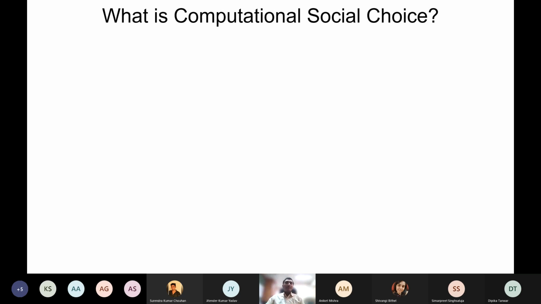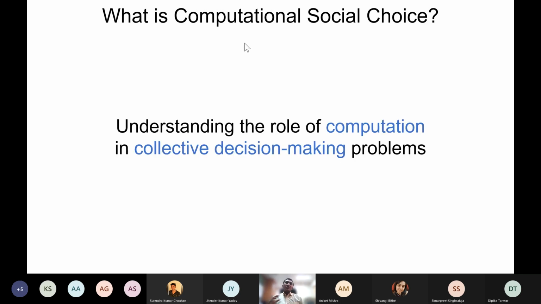And the other component is computational, or computer science. So this course is basically going to be about understanding the role of computation in collective decision-making problems. In other words, how does computer science interact with economics more broadly?